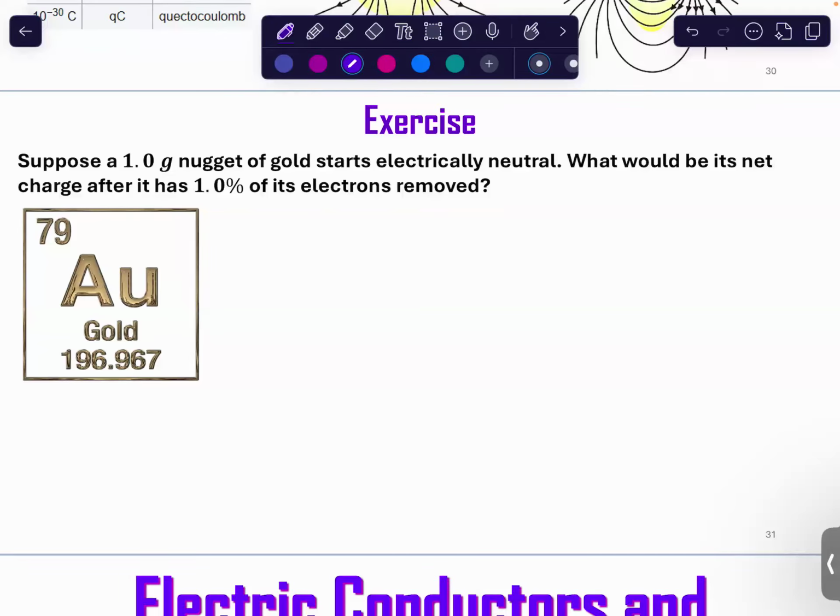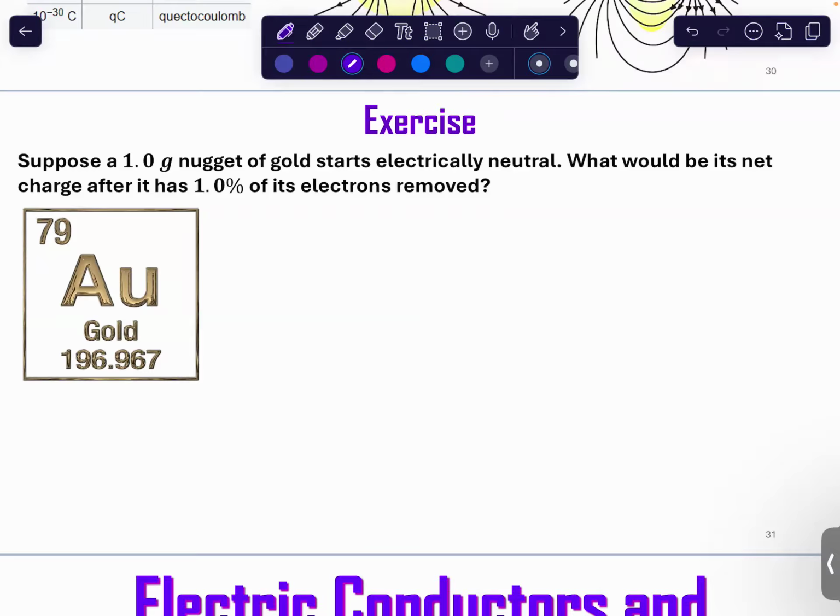Darn, how do you do that? 1% of what? Which is how many? So it's neutral per what? Well, let's start there. 79 electrons per atom.